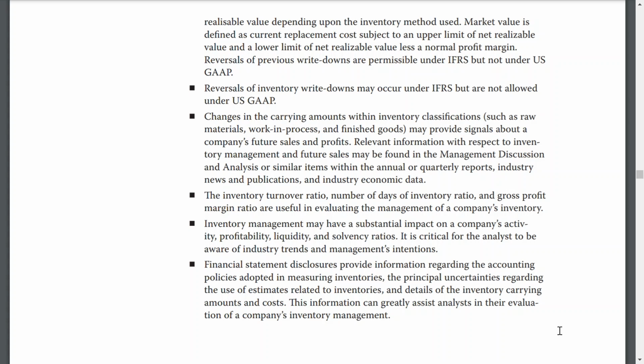Changes in the carrying amount within inventory classifications may provide signals of a company's future sales and profits.